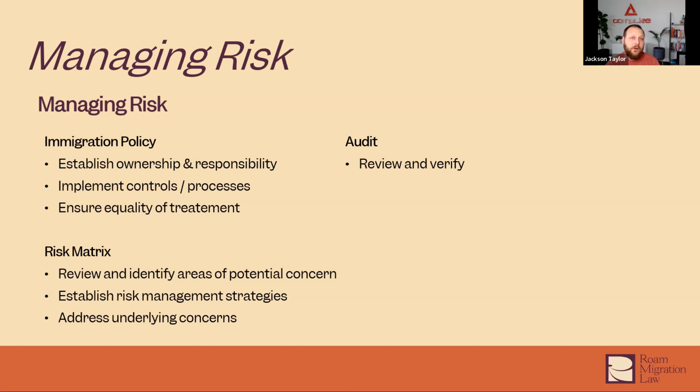And then, of course, audit. So once you've got your policy in place, once you've done your assessment against your risk matrix, it is necessary to come back, whether it's every 6 months or every 12 months, and actually check both your visa holder population. Are they where we think they are? Have they left? Have we made the notifications we were supposed to make?